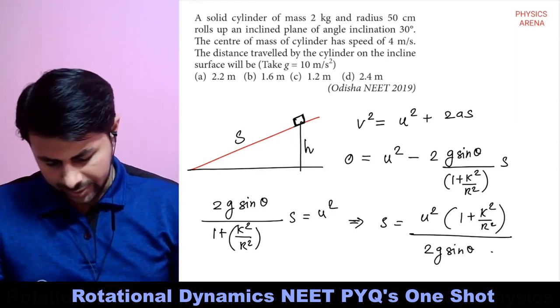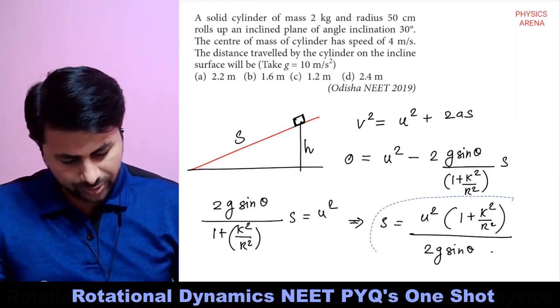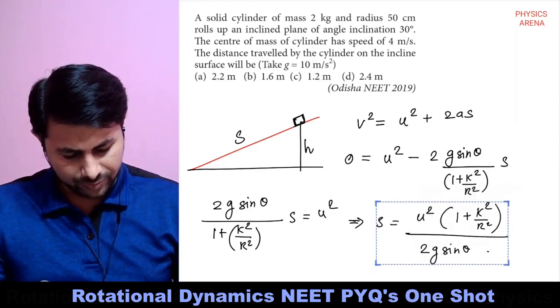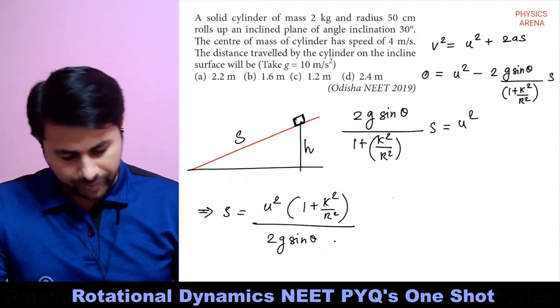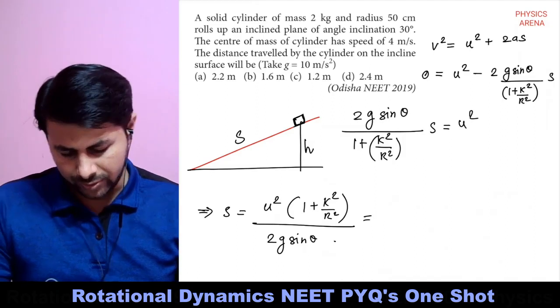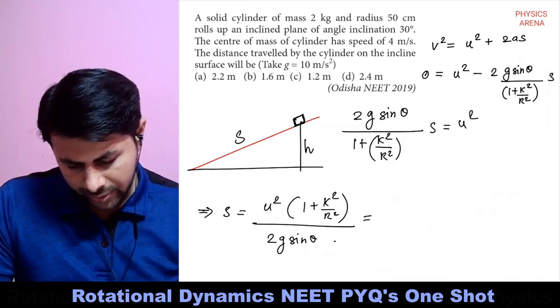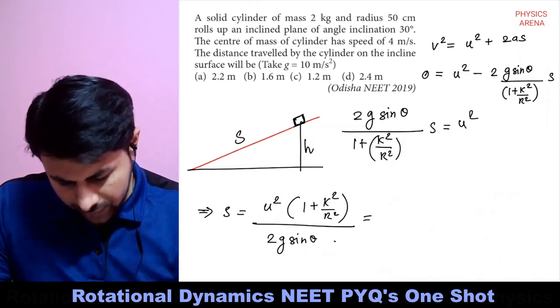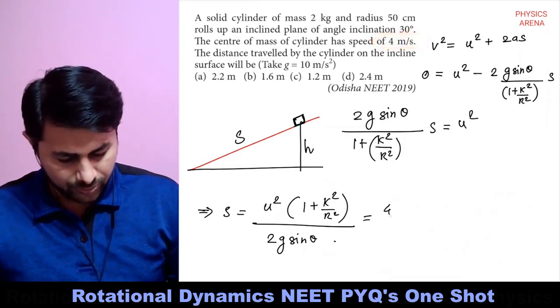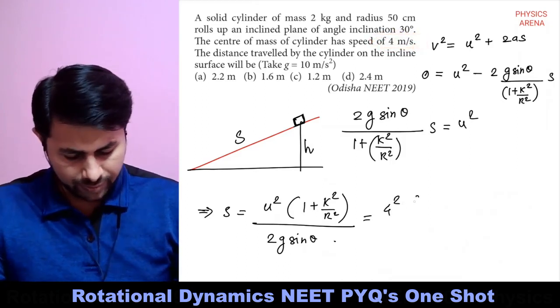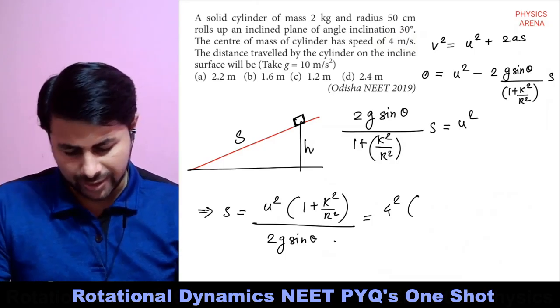Now we can substitute the values. How much is u? U is 4 meters per second. Okay, 4 square multiplied by 1 plus k square by r square.